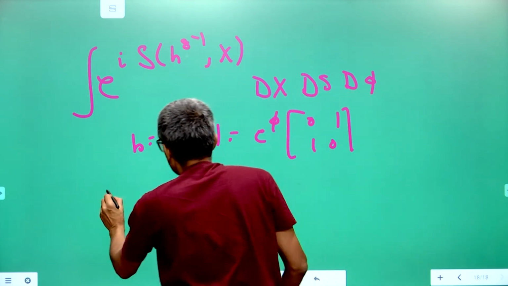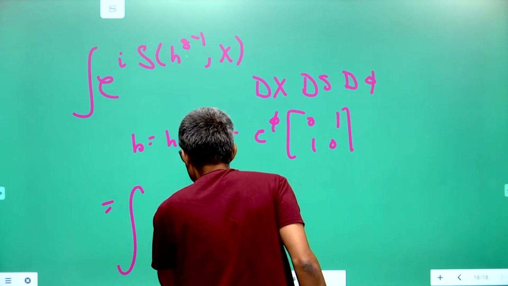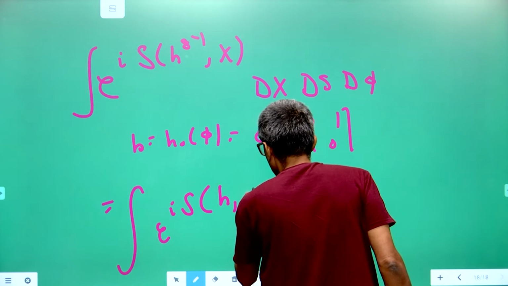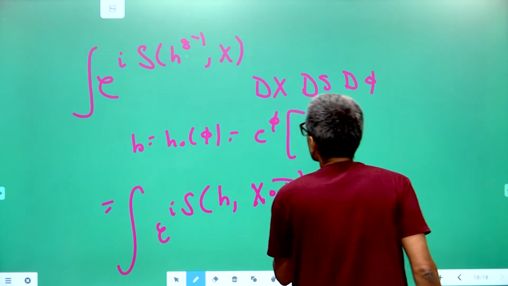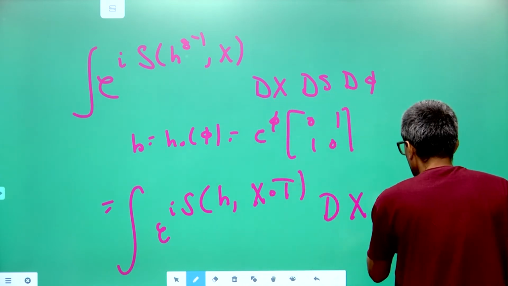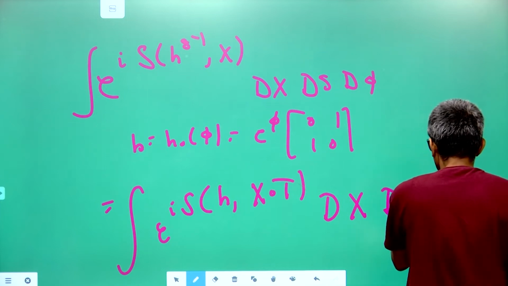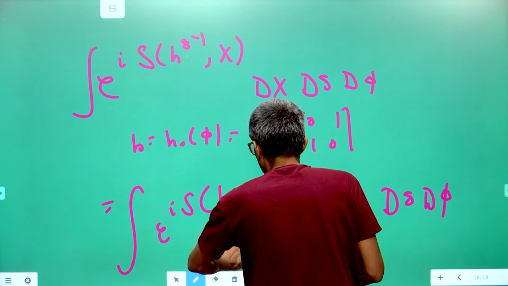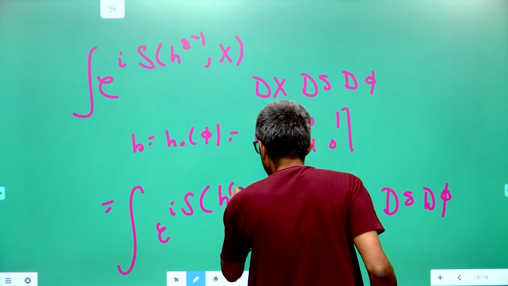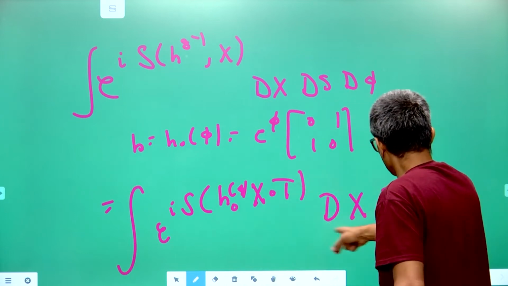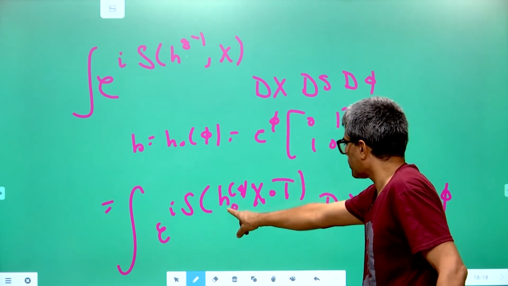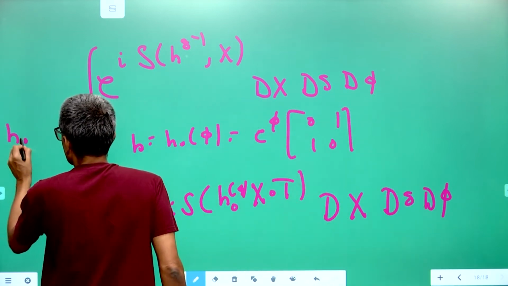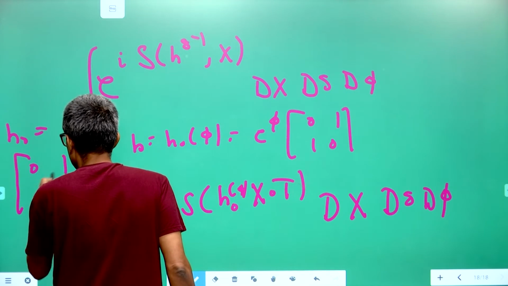And we have seen that this quantity can be written as e power i times S of h of x of t into dx into dg into d phi. So, d phi decouples, h is h0 phi. That will integrate out, and it amounts to using simply the flat spacetime metric h0, right. h0 is the flat spacetime metric, which is 0 1 1 0.